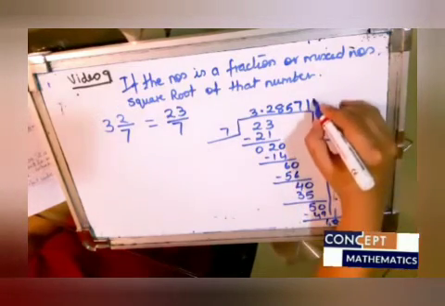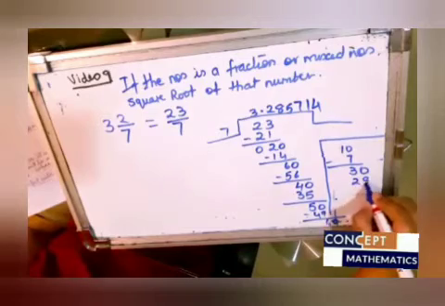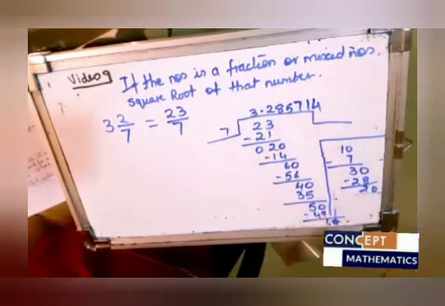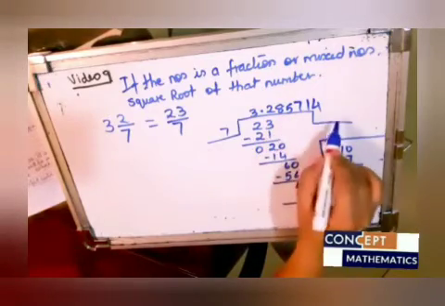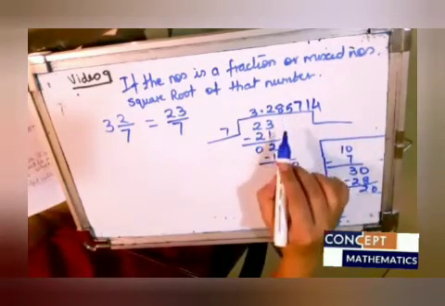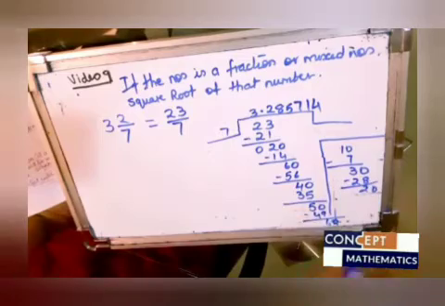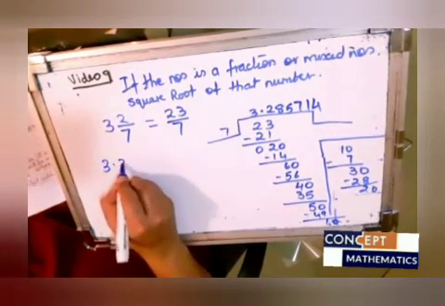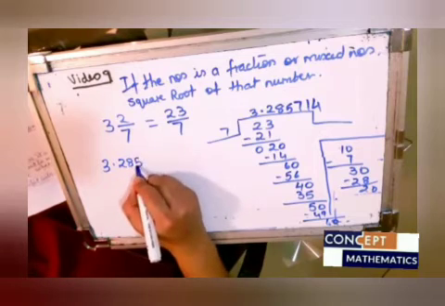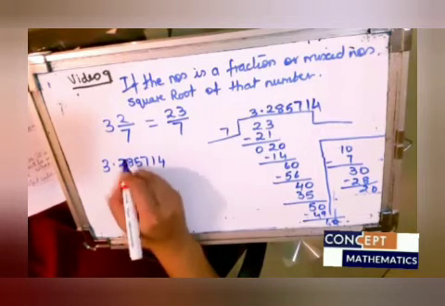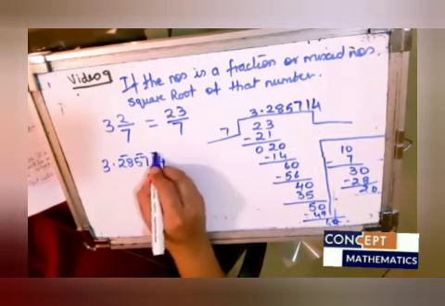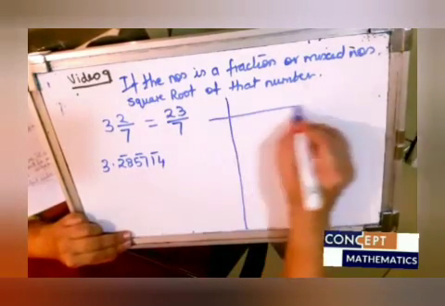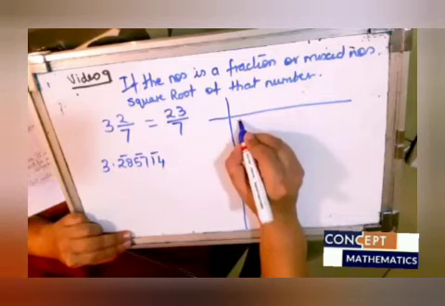So 30 would be 4s are 28, minus, 20. So now we have got 1 2 3 4 5 6. So you have got 6 numbers after the decimal, or you can say you have got 3 pairs after the decimal. So 23 divided by 7 is 3.285714.